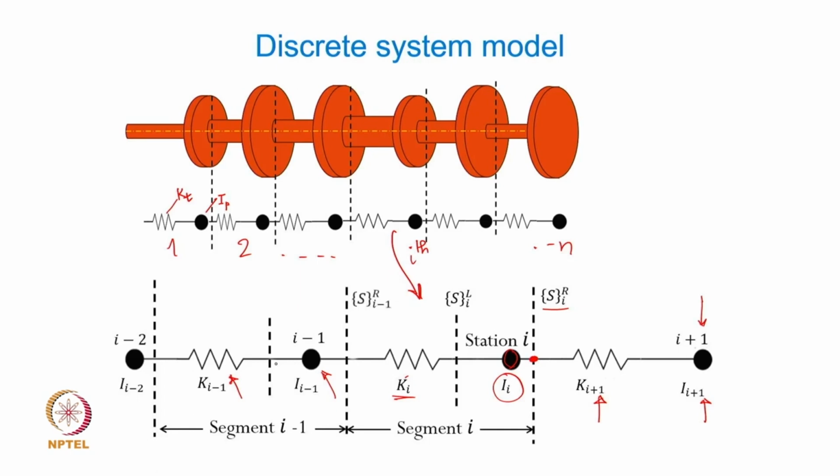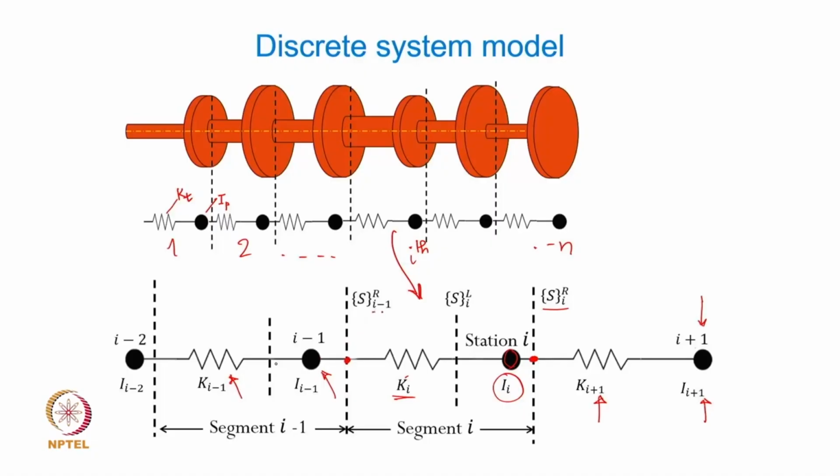Then we can accordingly represent the state at the end of the segment, which now turns out to be on the right of the previous station, that is I minus 1. So we are attaching the name station to the mass element here. So to the right of the I minus 1th station, the state vector is defined as SR I minus 1.